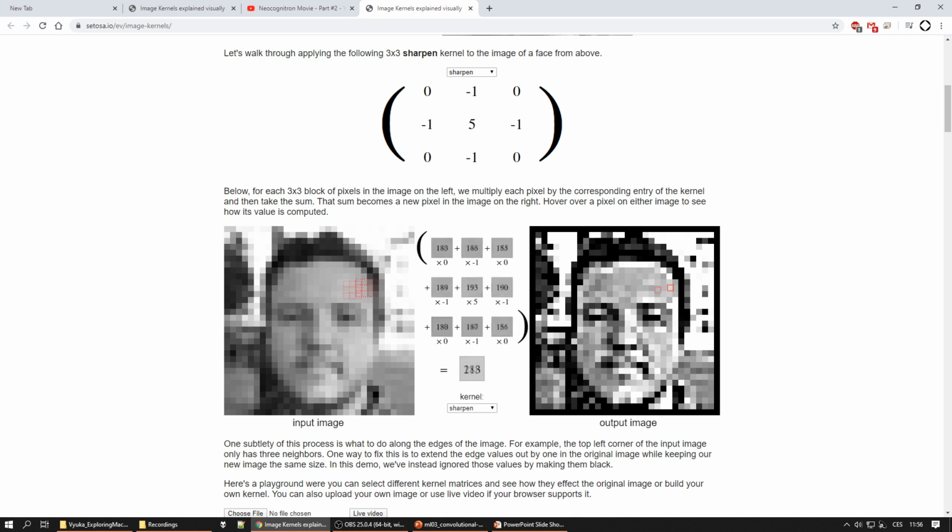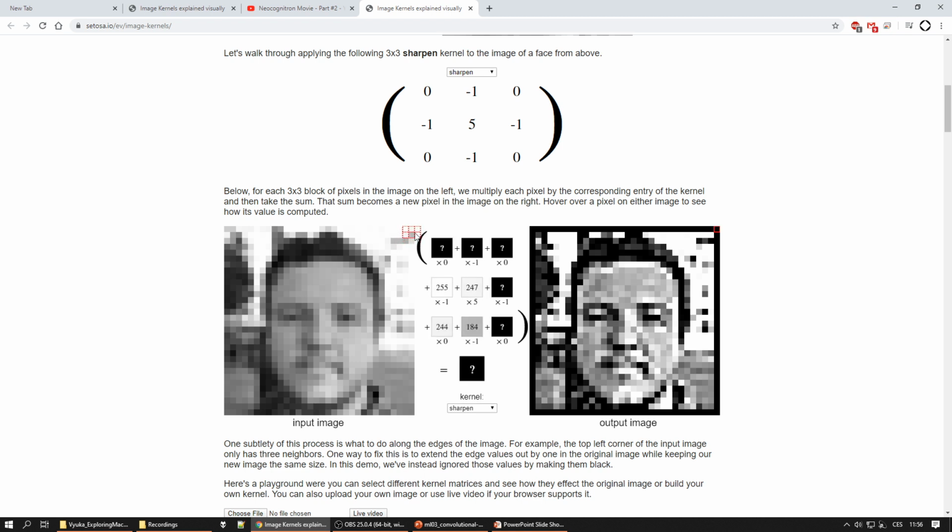And if I'm moving my cursor on the left image, I will also get a visualization on the right side, which tells us which output pixel this changes.